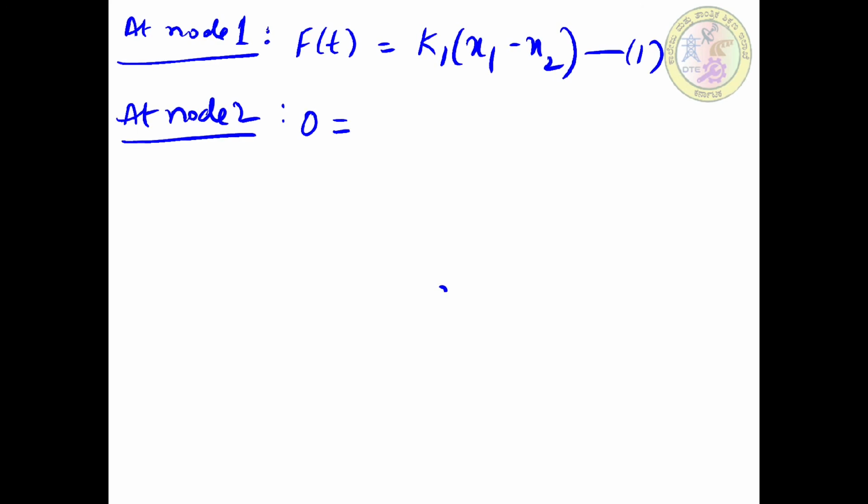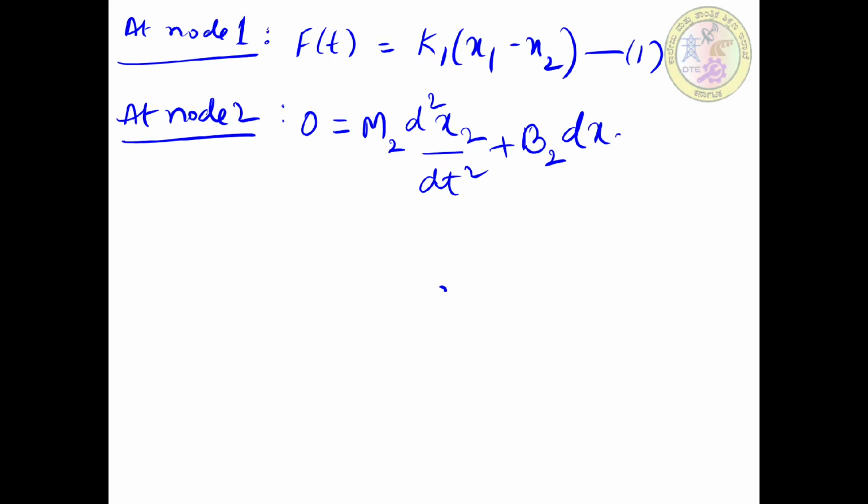First we start with the mass term, m2 into d square x2 by dt square, because we are writing at node x2, plus b2 into dx2 by dt.